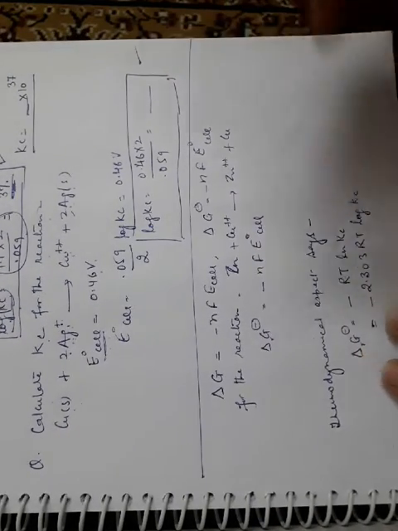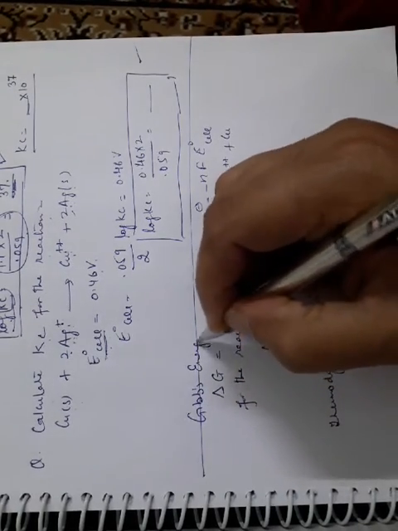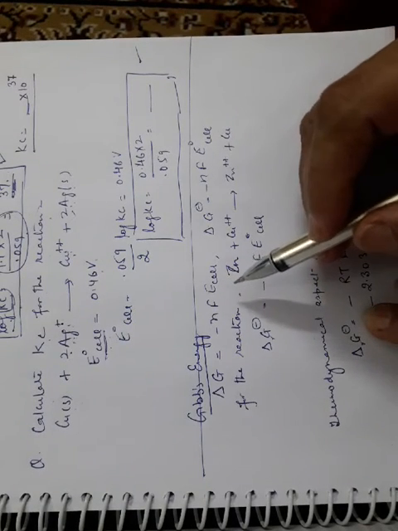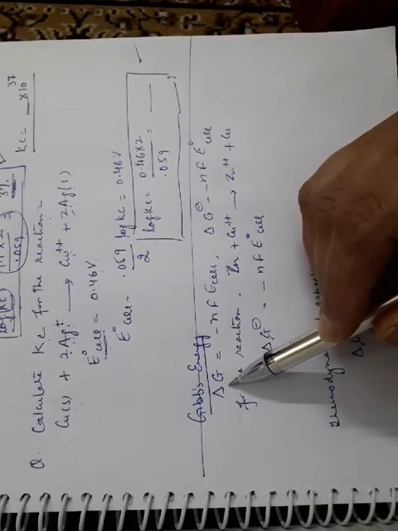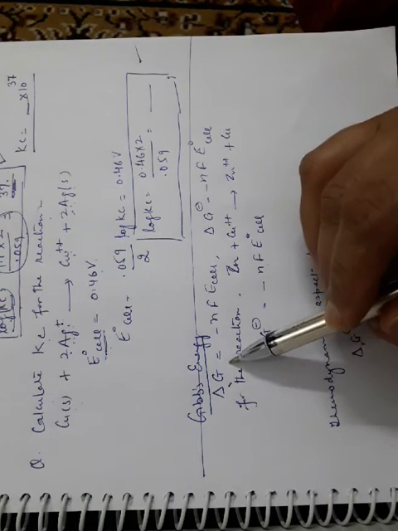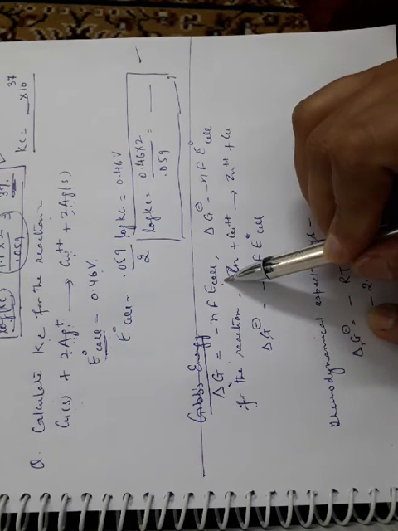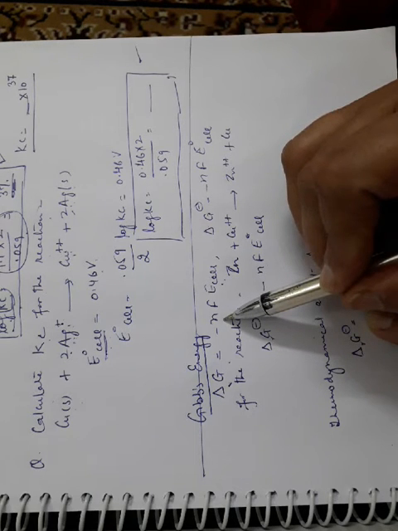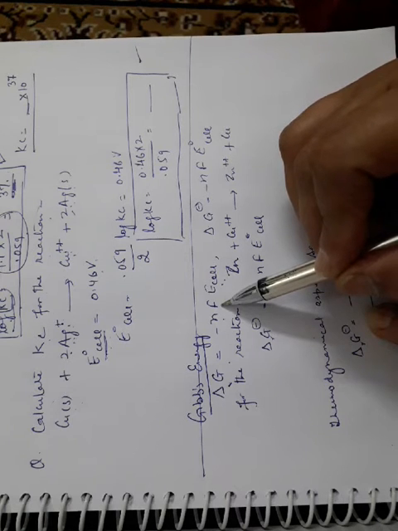Now the next topic is Gibbs energy. Gibbs energy calculations from E naught cell values and from equilibrium constant values. We have already studied this expression in class 11. Delta G is equal to minus nF E cell. E cell is the electromotive force of the cell, the electrode potential of the cell. n is the number of electrons transferred in the redox reaction. F is the Faraday, equal to 96500.